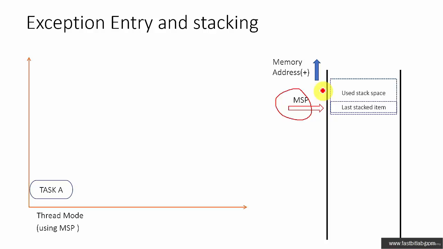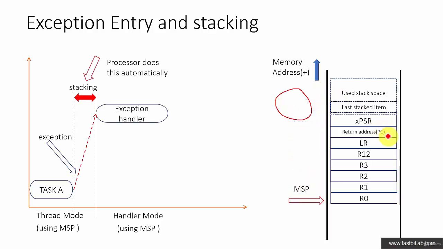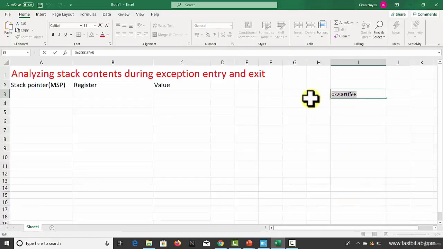Whenever an interrupt triggers, MSP will first be decremented and a stack frame will be pushed. That means the first register that will get pushed to the stack is XPSR. Let's verify that.